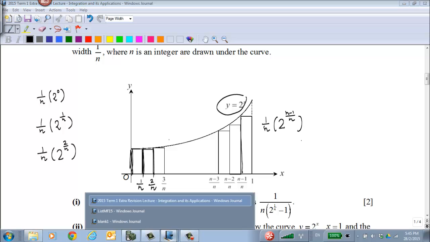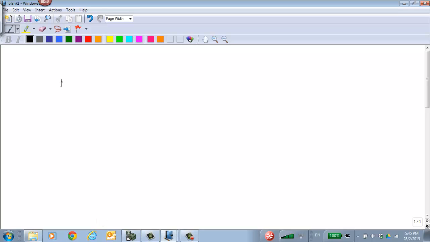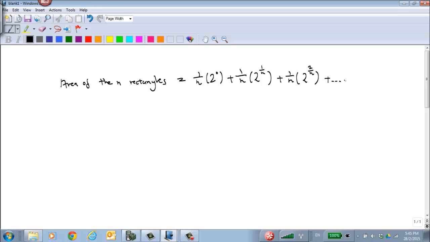So basically, the area of the n rectangles will be equal to 1 over n times 2 to the power of 0, plus 1 over n times 2 to the power of 1 over n, plus 1 over n times 2 to the power of 2 over n, and so on until the very last rectangle, which is 2 to the power of n minus 1 over n.